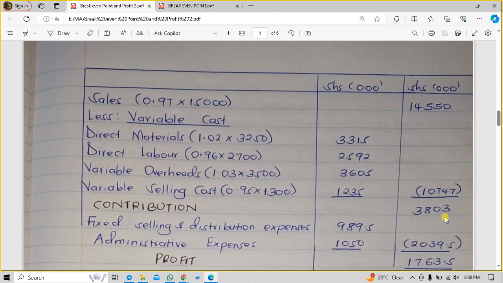So 26.14 divided by 100. So what are you getting as a break-even point?